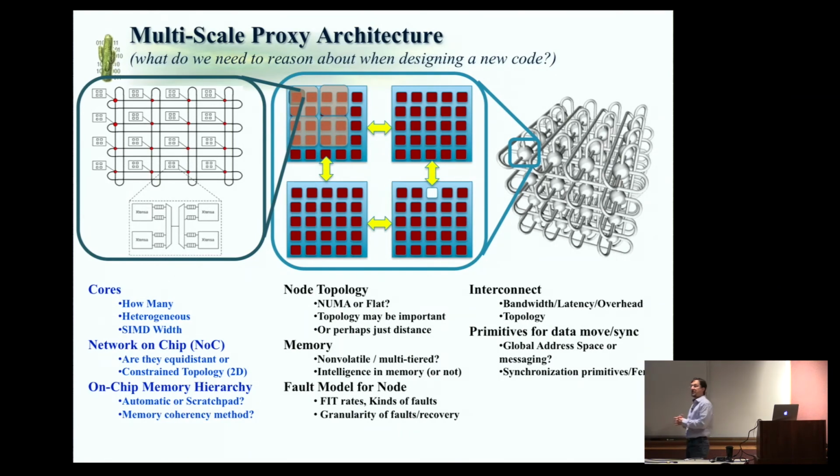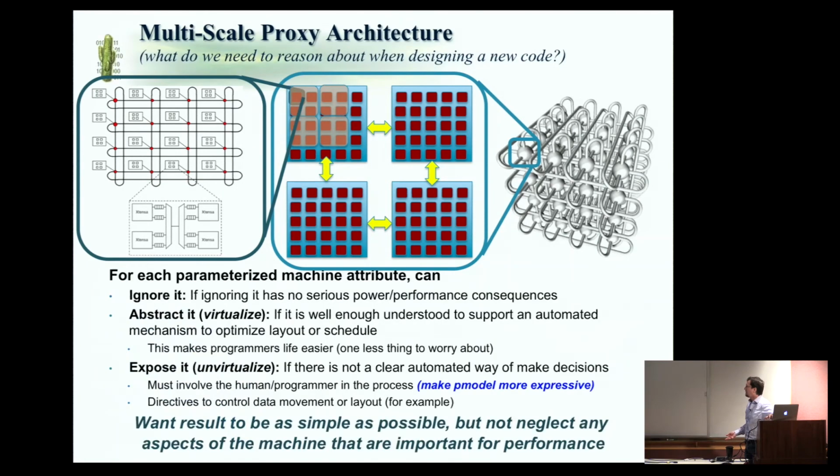Today, it's especially important because the cost of moving the data is now exceeding the cost of applying an operation to the data. As a result, data layout has become a top-tier issue for designing algorithms for future machines.